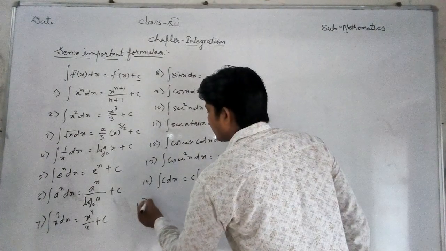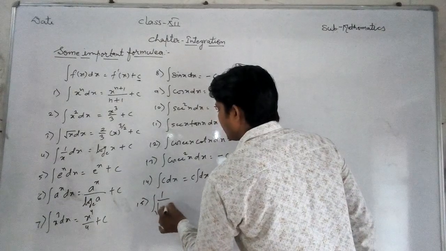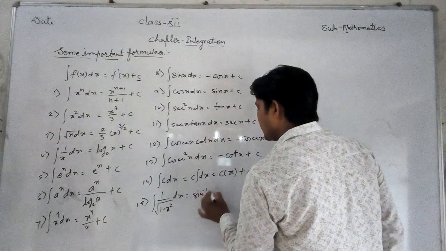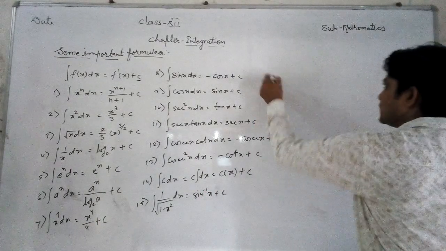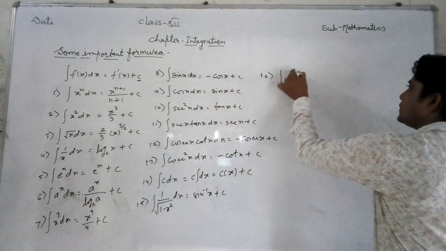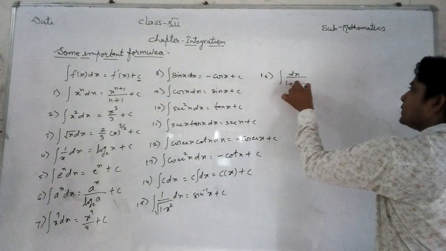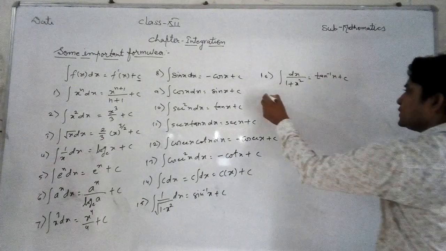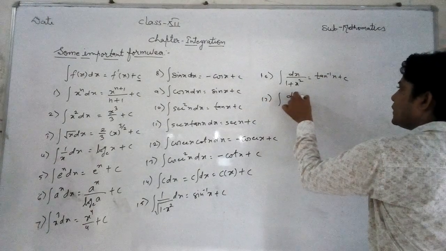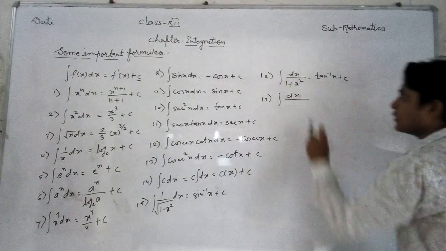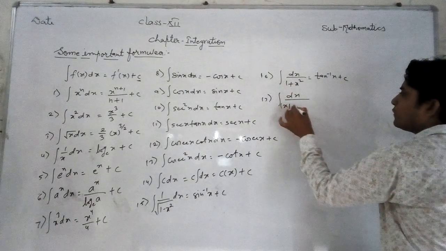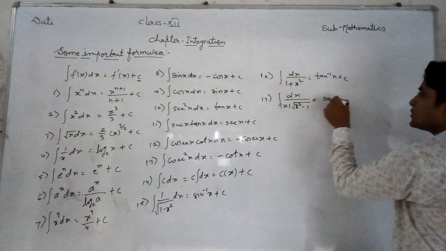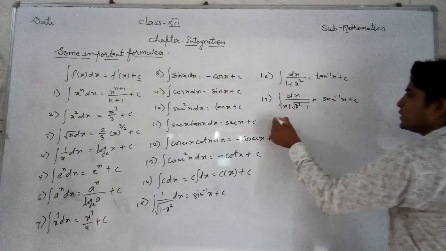The integral of 1 upon under root of 1 minus x square dx is sin inverse x plus c. The integral of dx upon 1 plus x square is tan inverse x plus c. The integral of dx upon mod x root of x square minus 1 is sec inverse x plus c.